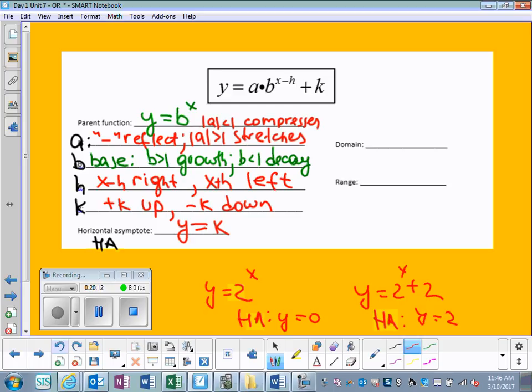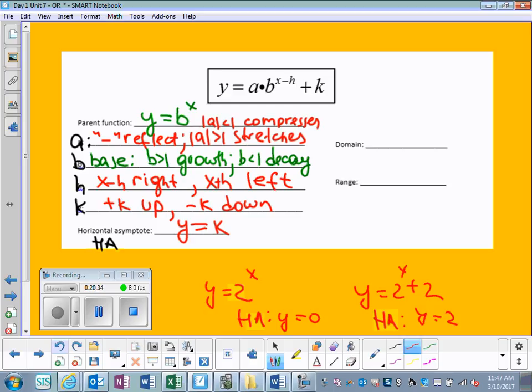Domain and range. What do you think the domain is for all of these functions? Negative infinity to infinity. Because think about it, there are no domain restrictions, right? I can choose any x, positive, negative, 0. I can still calculate 2 to the power of x.